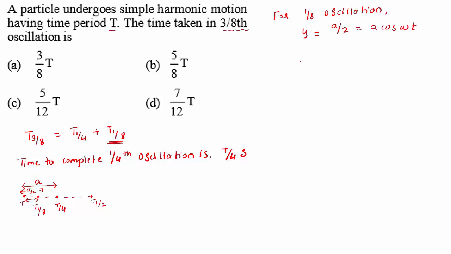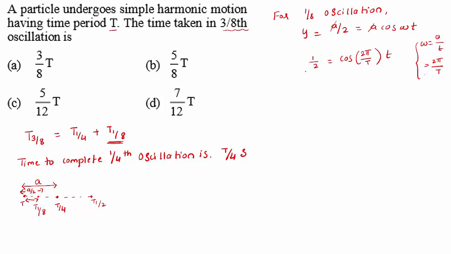Substitute the values. So we can write A by 2 equal to A cos omega t. Here A will get cancelled. Remaining is 1 by 2 equal to cos omega t, where omega is the angular velocity. In place of omega we can write 2 pi by T, times small t. Omega equals theta by t, so for one complete oscillation we can write 2 pi by T. Now cos of 2 pi by T into t equals 1 by 2.